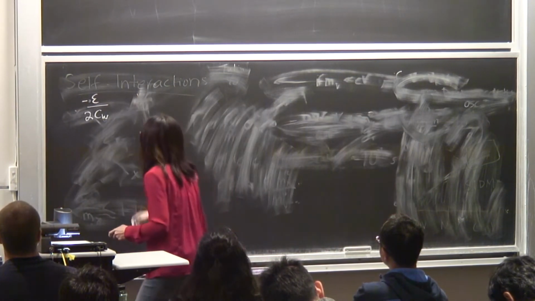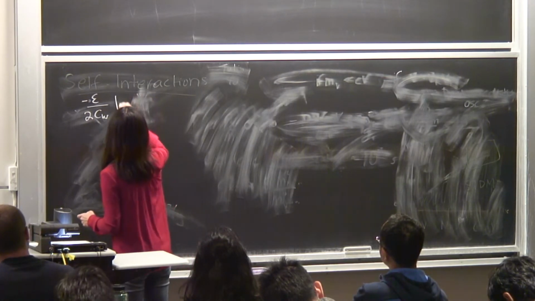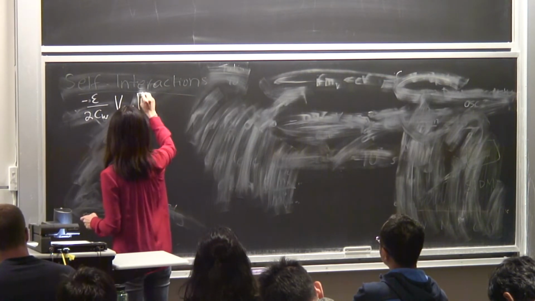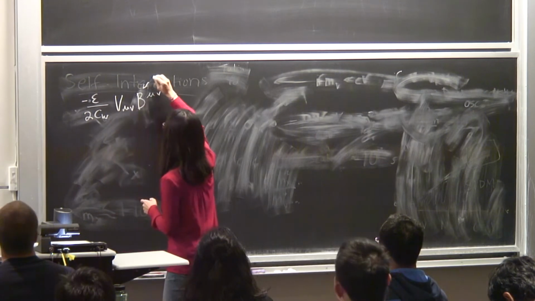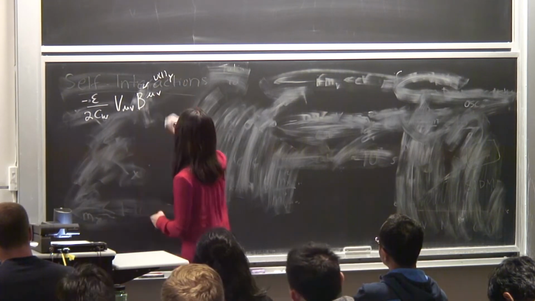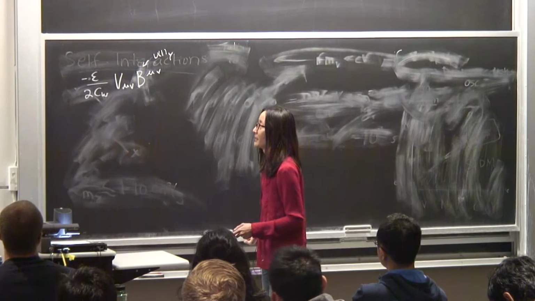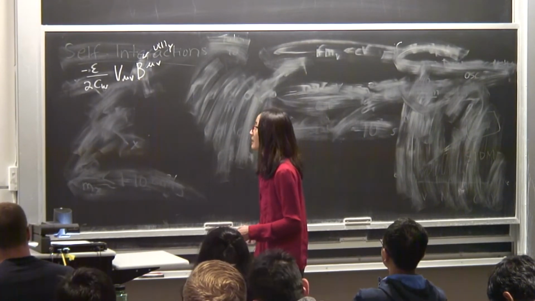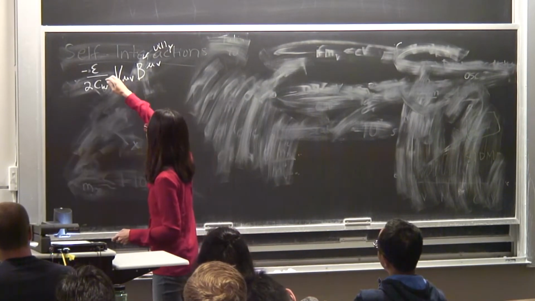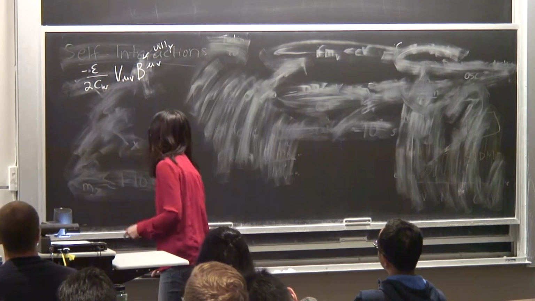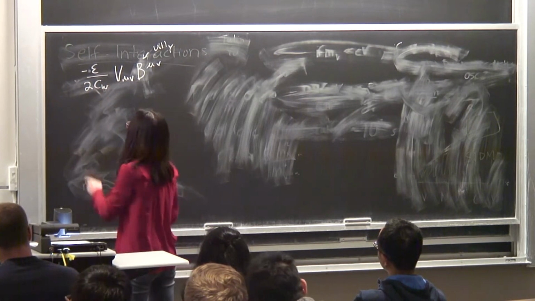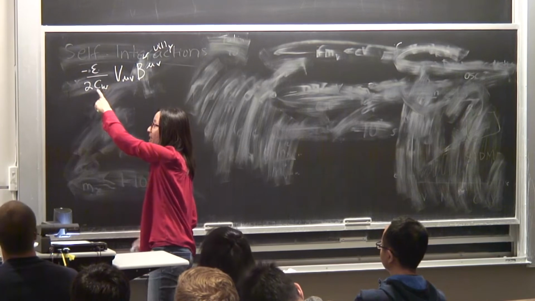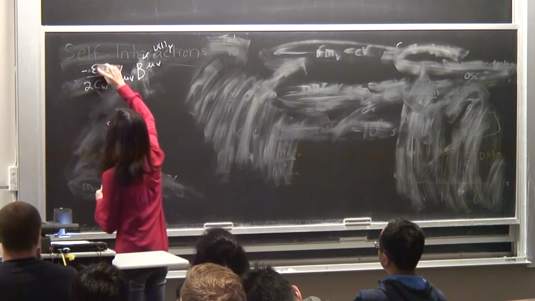So for the dark photon portal, this is hypercharge. I apologize for changing the notation. This is the kinetic mixing, and I'll put this back to kappa. Sorry about that.